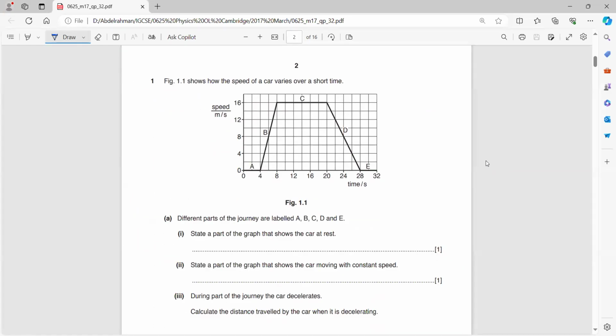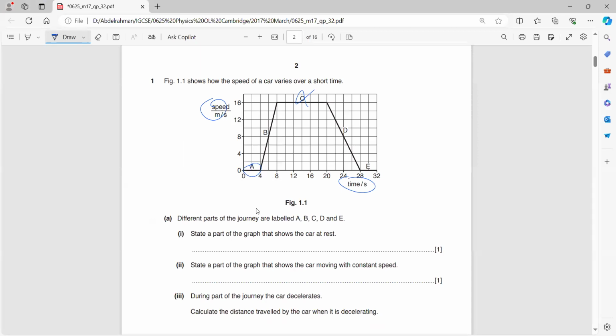Question 1. State a part of the graph that shows the car at rest. This is a speed time graph. C is not at rest.